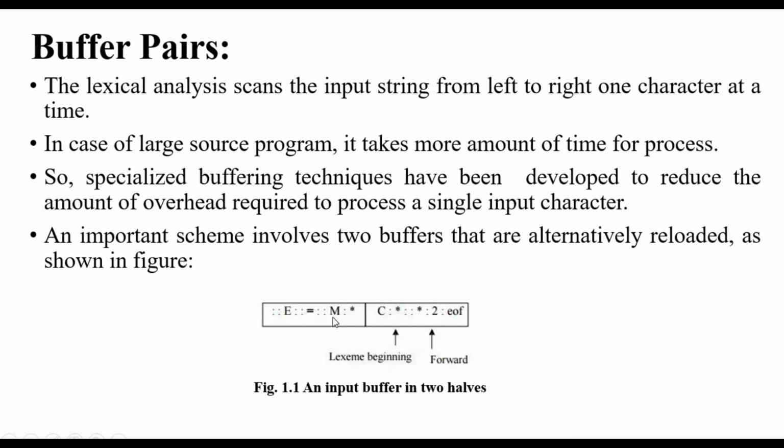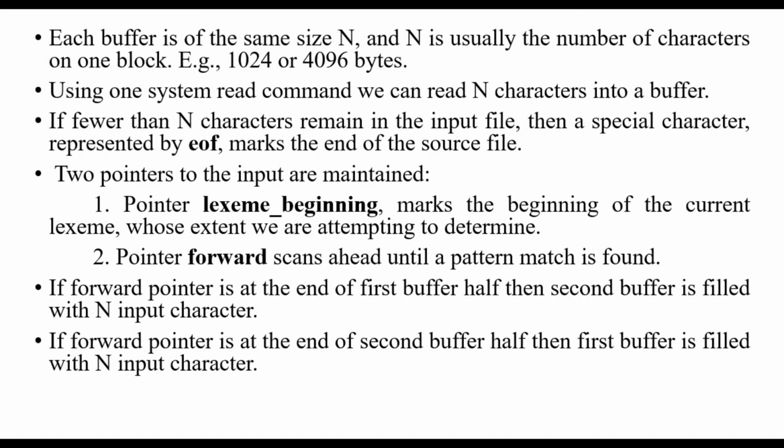In the input buffering technique of buffer pair, each buffer is of the same size, and n is usually the number of characters in one block. If you use 4096 bytes, then it uses 2 raised to 12 characters in a single buffer. Using one system read command, we can read n characters into a buffer.